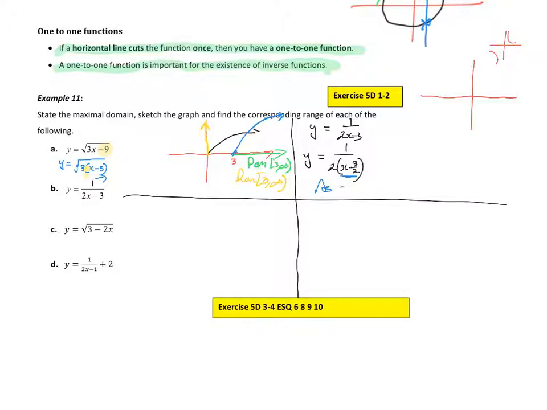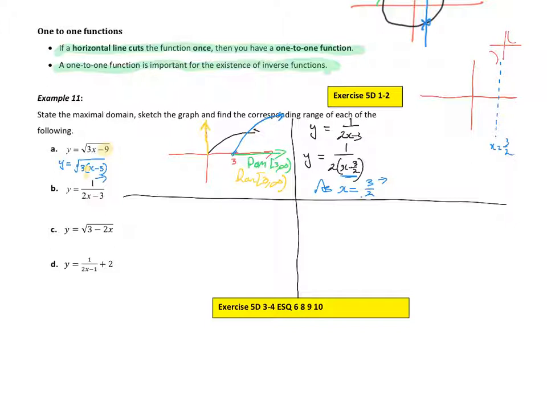So we can see that the graph has moved, oops, sorry, let's fix that up. It's moved 3 on 2 units to the right. So my asymptote now is that x is equal to 3 on 2.